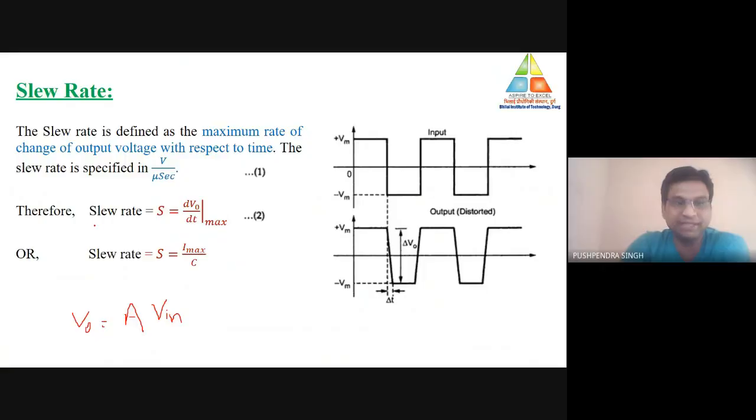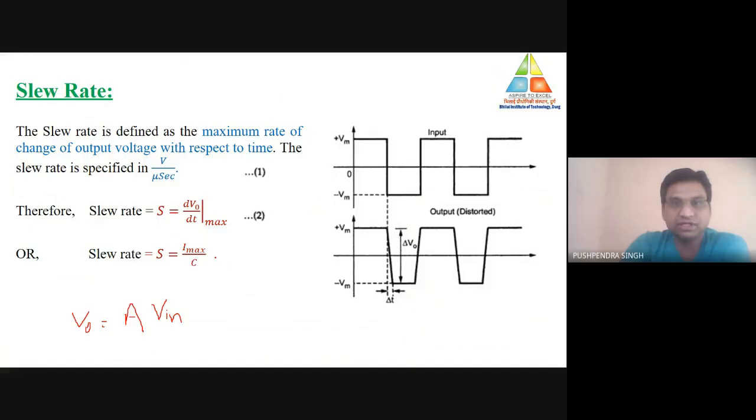Mathematically, the slew rate can be defined as S is equal to dV naught by dt, where t is maximum. Maximum change in output with respect to time is called the slew rate. Slew rate is also affected by the maximum charging of the internal capacitance.